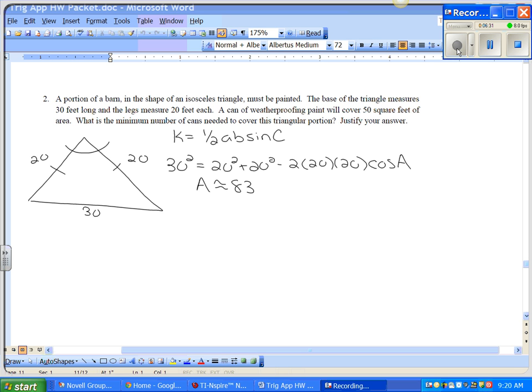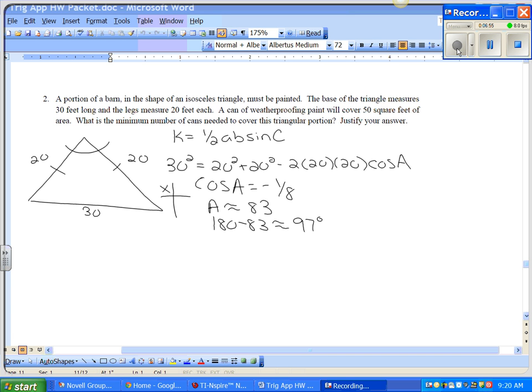Yeah, when we solved this all out, we actually wound up getting cosine of A to be -1/8, right? That we don't like because cosine's negative in the second quadrant. So when I wound up with A to be approximately 83, I needed to adjust and find the angle in the second quadrant, which was about 97 degrees.